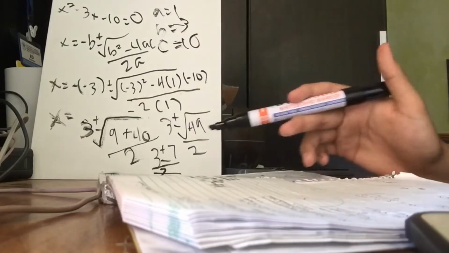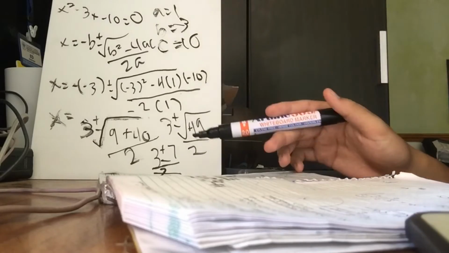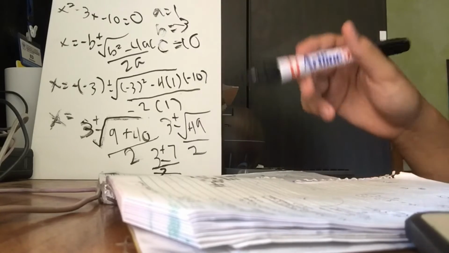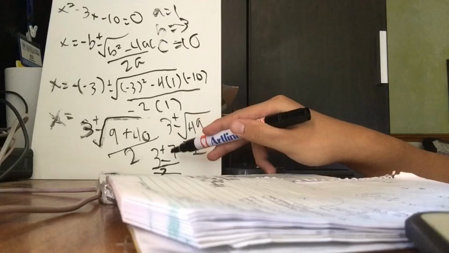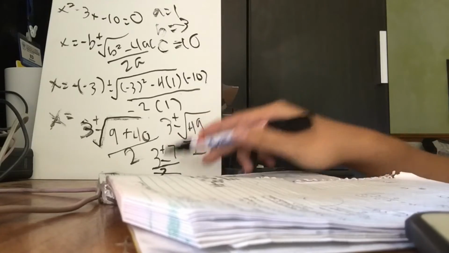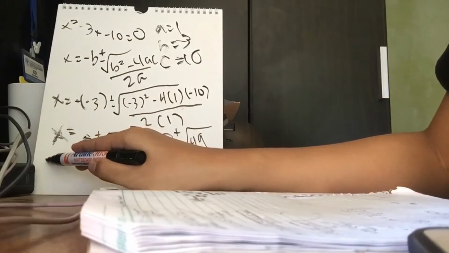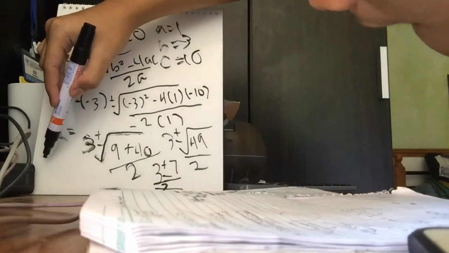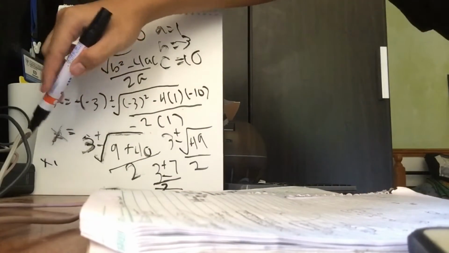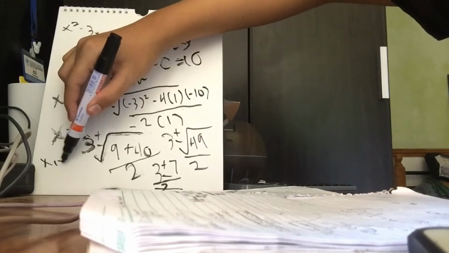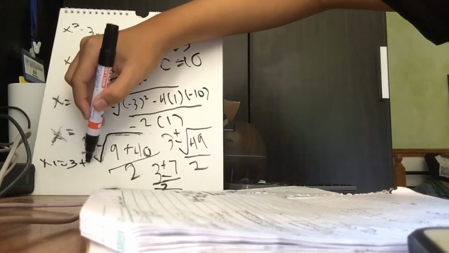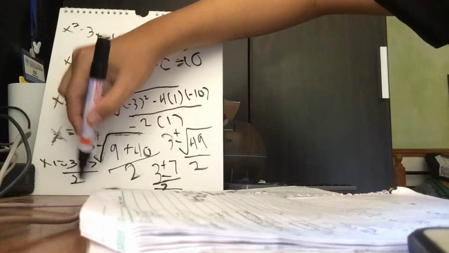Next we're just going to find our x of 1 and our x of 2, which is basically the x of 1 is just 3 plus 7, and x of 2 is 3 minus 7. So first our x of 1 is equal to 3 plus 7 over 2.